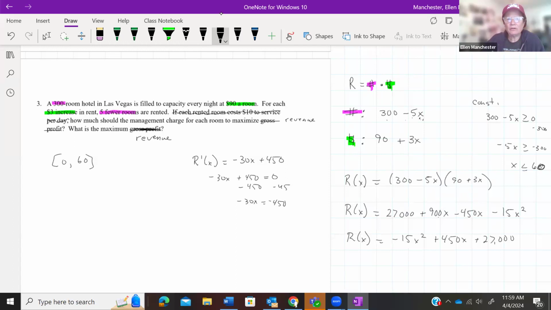Hopefully this is all very second nature to you, this solving. So we get x equals 15. Okay, so here's our critical points. 15 does fit within what we're looking for. So when we have 0 changes, when we have 15 changes, and when we have 60 changes.